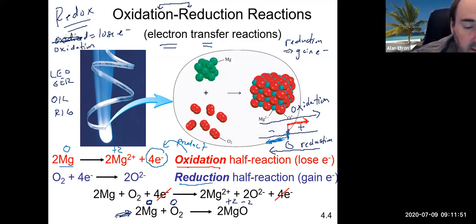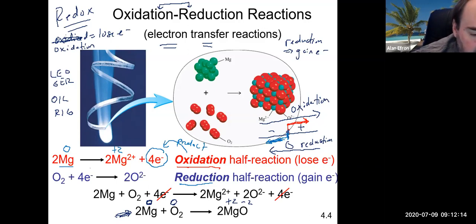So that's balanced. The overall charge on the left-hand side of the arrow is 0. The overall charge on the right-hand side of the arrow is actually 0. 2 times plus 2 is plus 4. Plus the 4 electrons gives us minus 4, which gives us 0 overall. The second one here is the reduction half reaction.